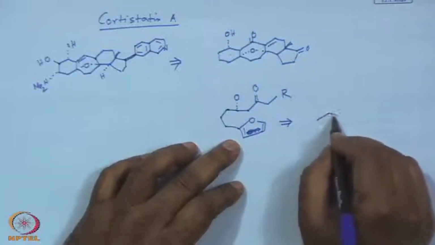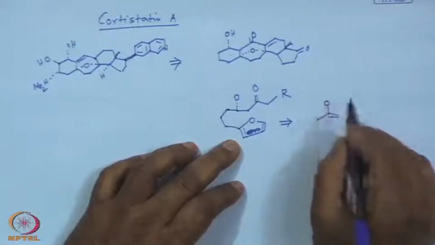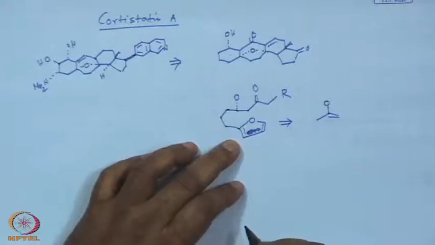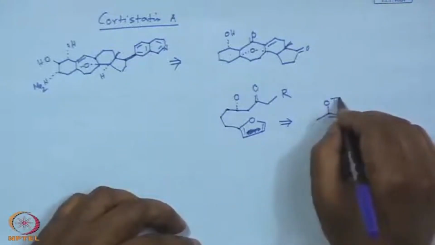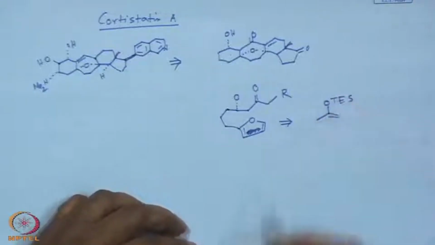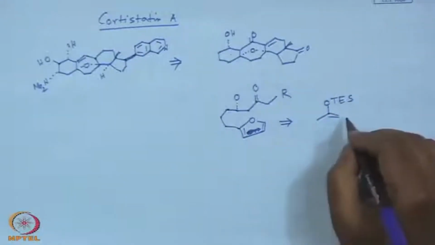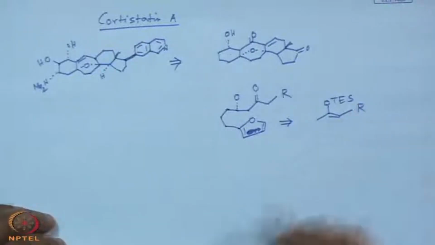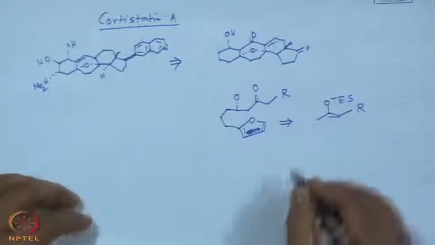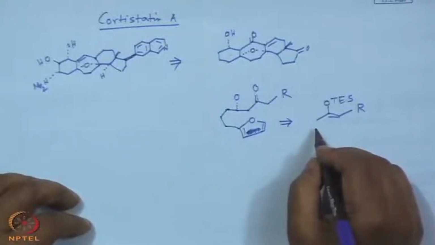So, all of us know this oxygen normally is oxygen minus or an oxy ether. So maybe we can get it from this ketone here, and let us say oxygen here, and in this case it is TES.